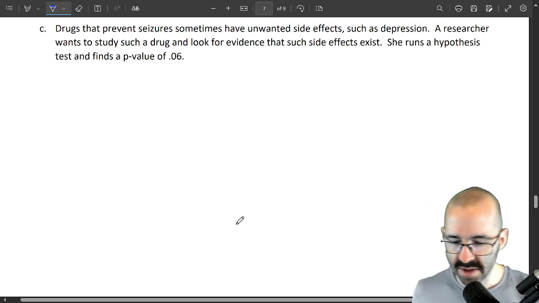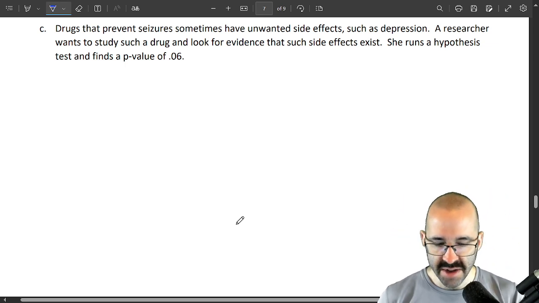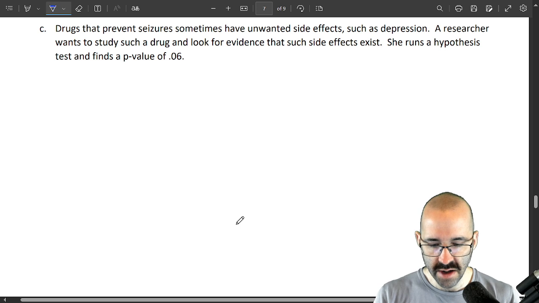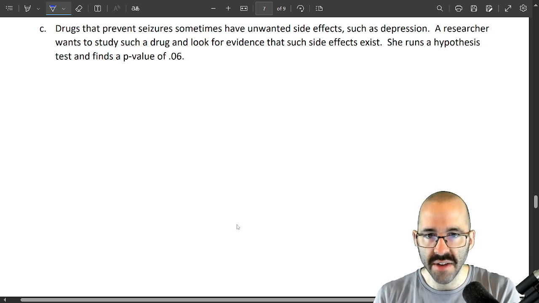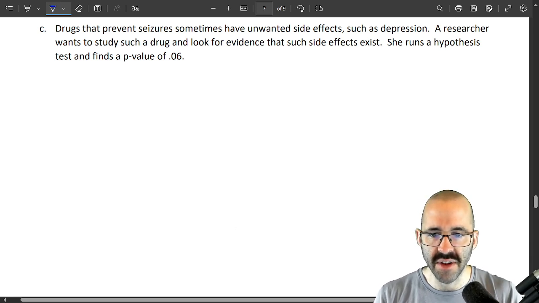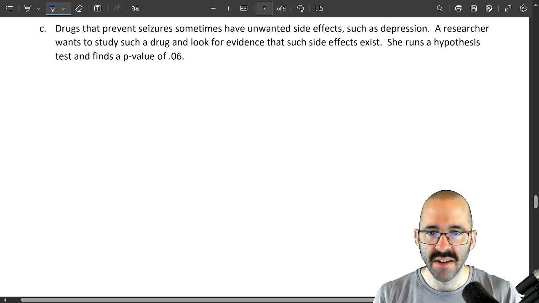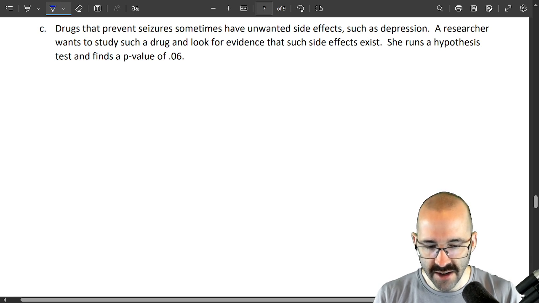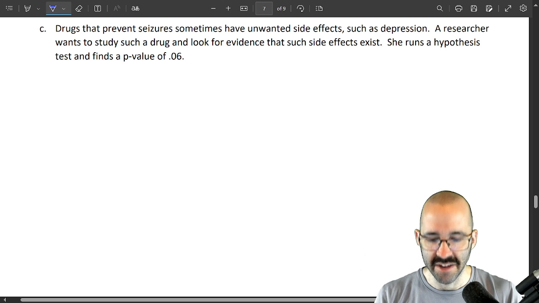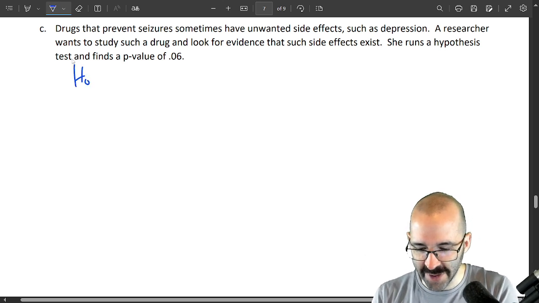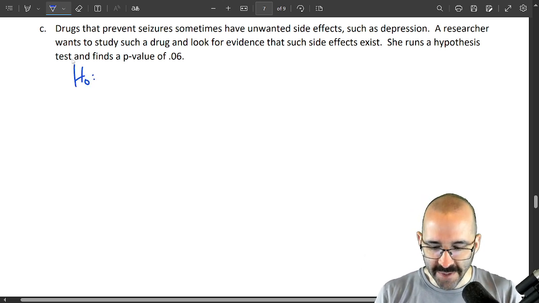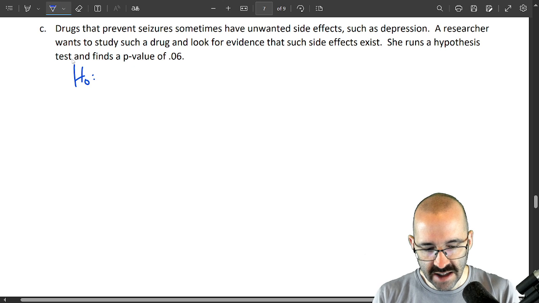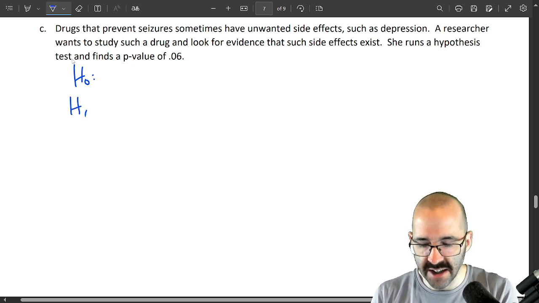So again, same example that we've done before. We had the null hypothesis. Or wait, I think we've done this before. Yeah. Maybe we haven't. I don't know. I actually don't remember now. Okay, so we're looking for evidence that such side effects exist.